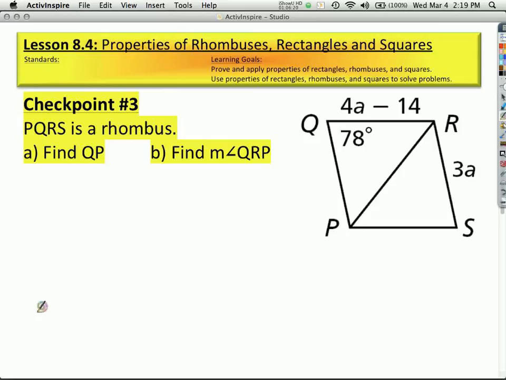Student number 20. 42 units, very good. Part B, the measure of angle QRP, I've got student 21, 10, and 4. Student 21. Student 10. Student number 4. It is 51 degrees. Very good.